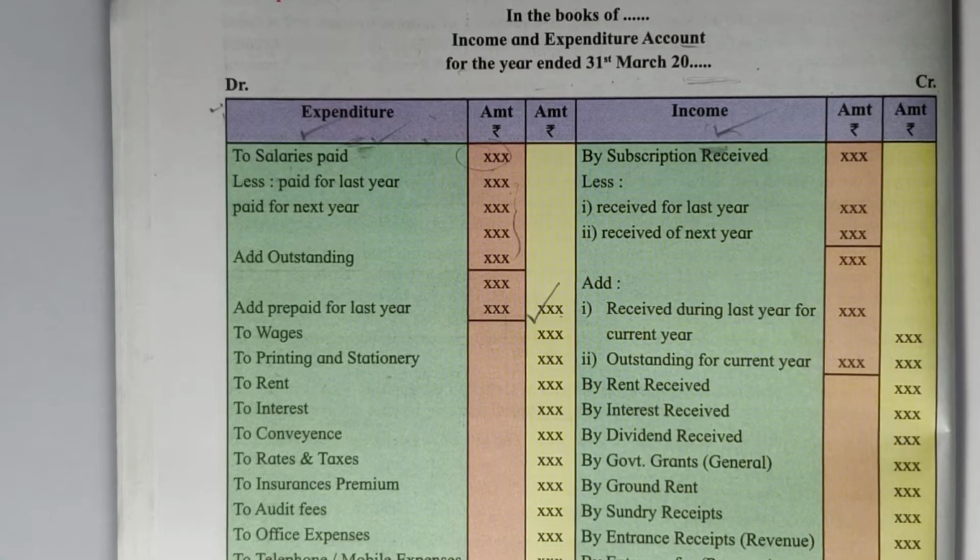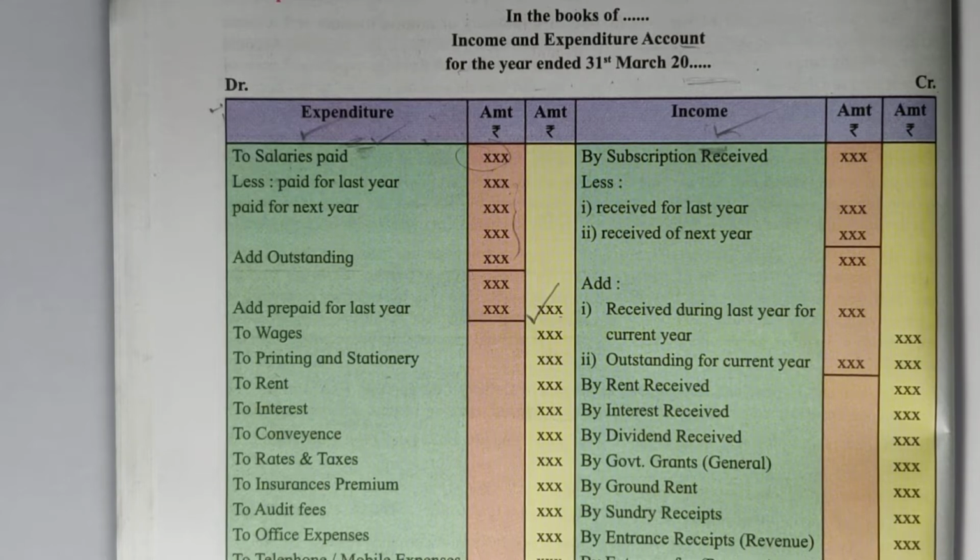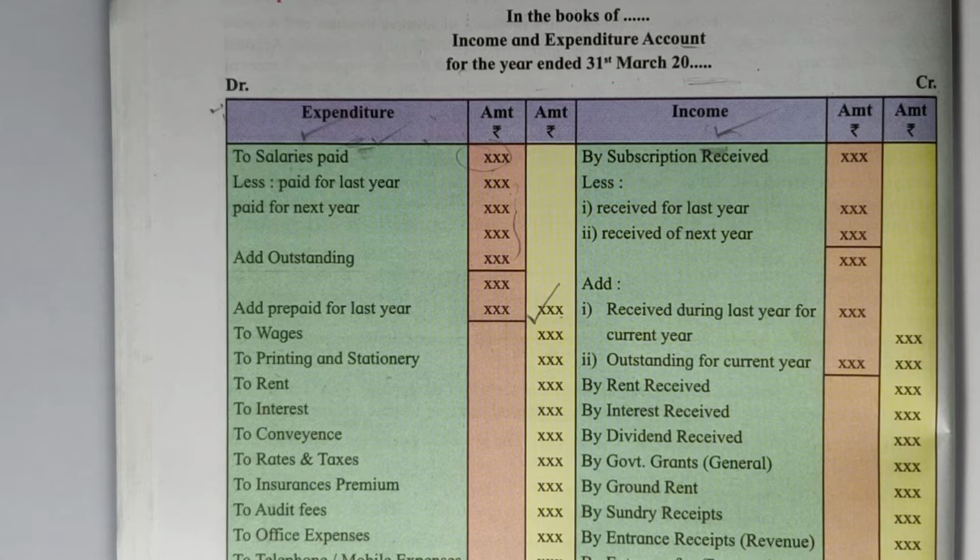First is subscription received. Subscription is the amount paid by the customer towards his membership. So it is the income for the organization, say for example library, gym, or any other charitable trust. So all these are incomes to this organization.